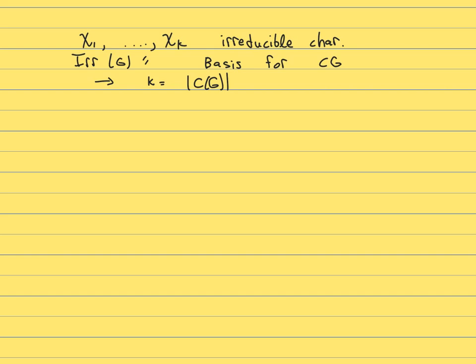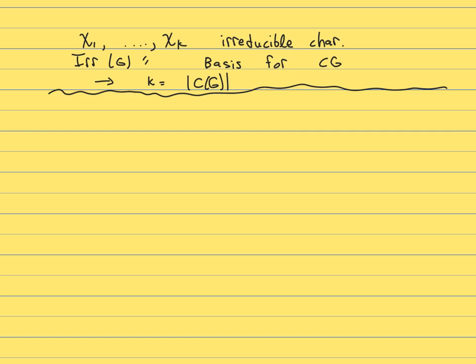So we need a different proof, but it turns out there is a self-contained proof. It essentially is proving a special case of Wedderburn's theorem, but we're going to do it, so let's go ahead and do it. Let's do this proof.